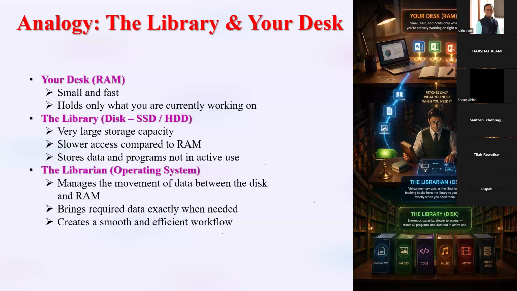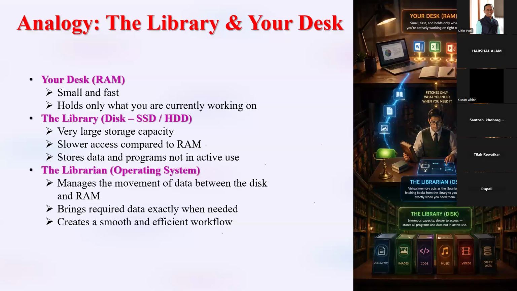If you need a new book, the librarian quickly goes to the library, fetches it, and places it on your desk. If your desk is full, the librarian may take away a book you are no longer using and return it to the shelf. So from your perspective as a student, you never feel limited. You don't worry about how many books exist in the library. You don't run around searching for them. You simply focus on your work, because whenever you need something, it appears on your desk.